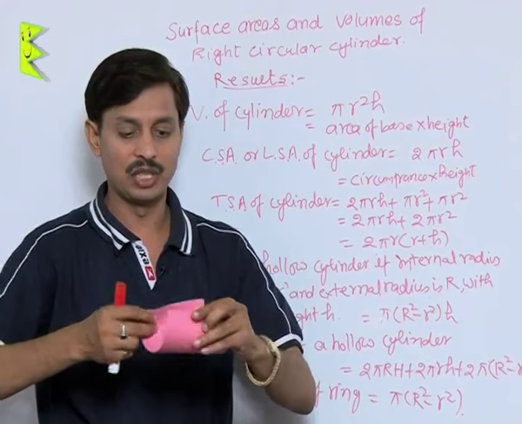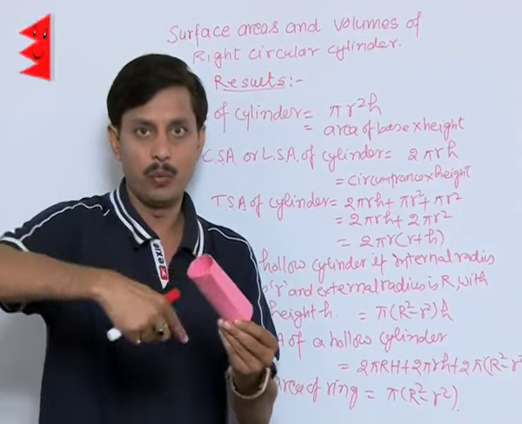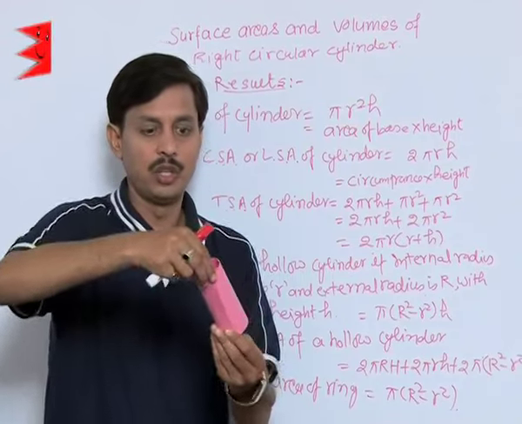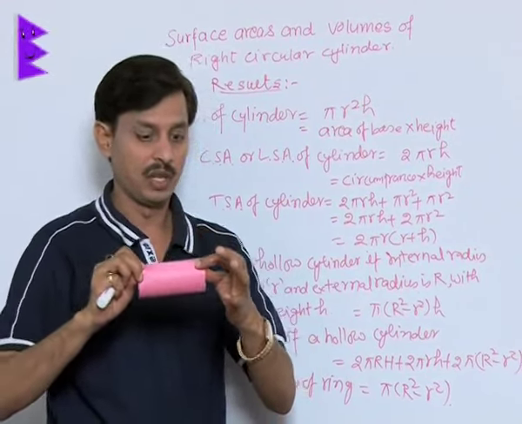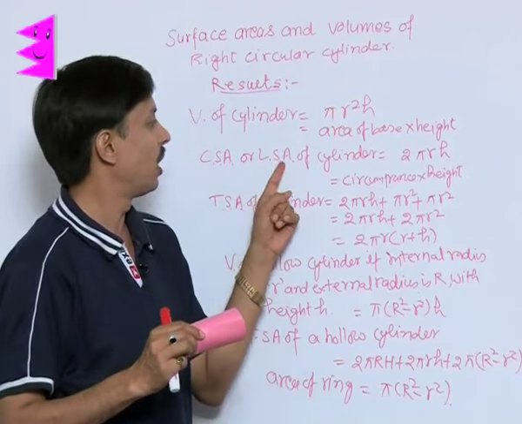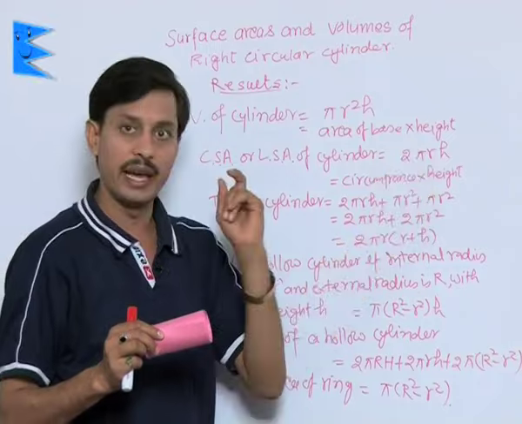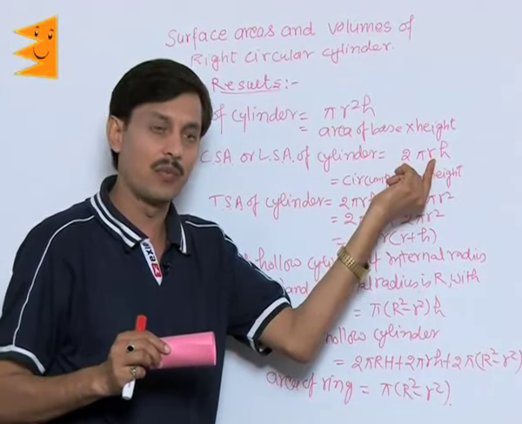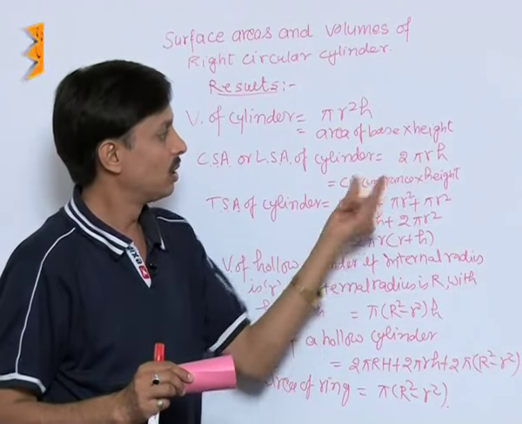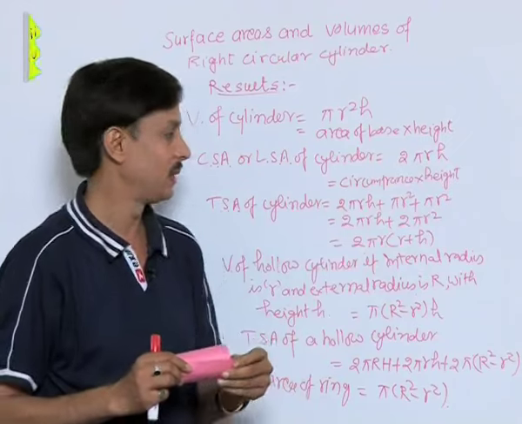That is, only this part which is round is known as the curved surface area. Curved surface area or lateral surface area of the cylinder is 2 pi r h, where 2 pi r you know very well is the circumference. So we can call it the circumference into h, meaning height.